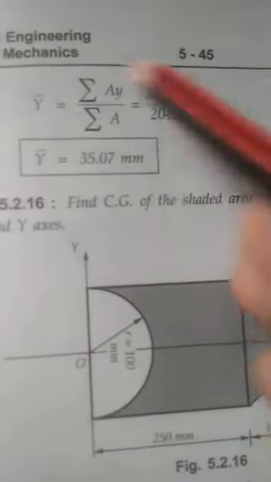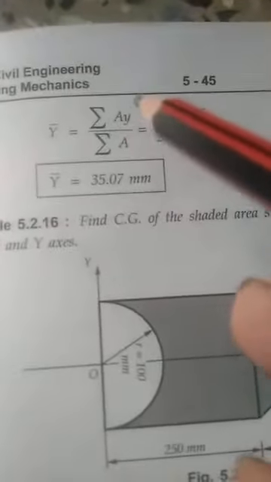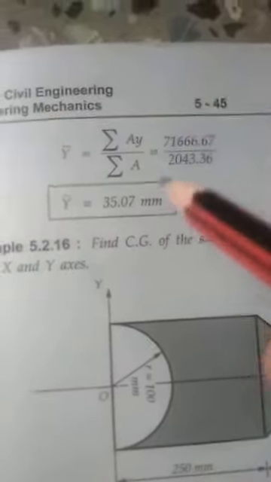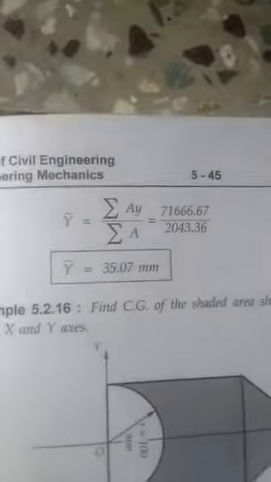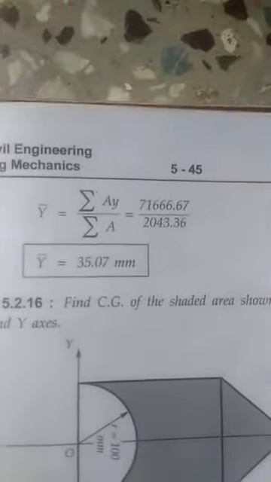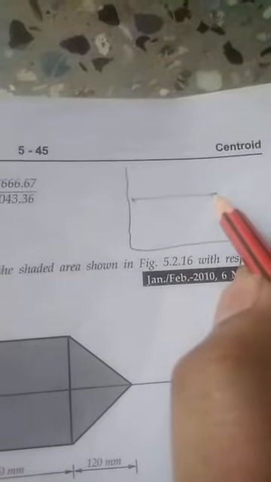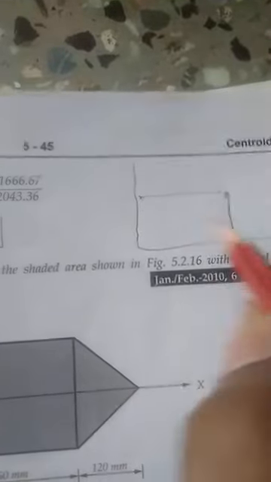So this is how you have to find the y bar. After finding the y bar, write it on the figure. Write whatever the section is, as it is.